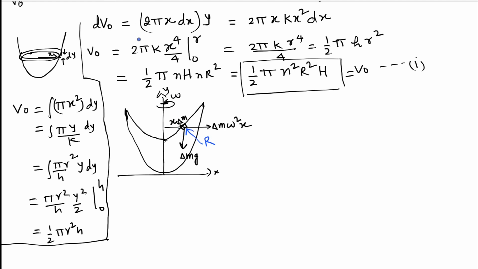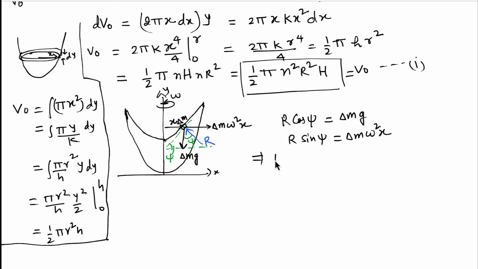Now imagine the tangent of this extending, and let's say that this makes an angle phi. Okay, so this is 90 minus phi, and this is also phi. Okay, so which means r cos phi is delta m g, and r sin phi is delta m omega square x.